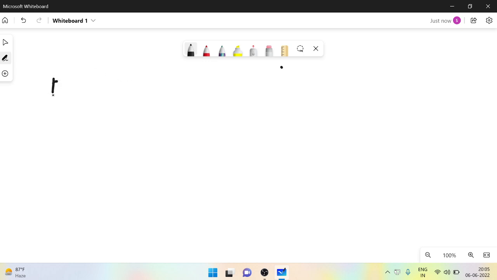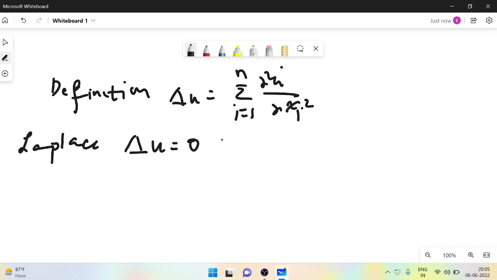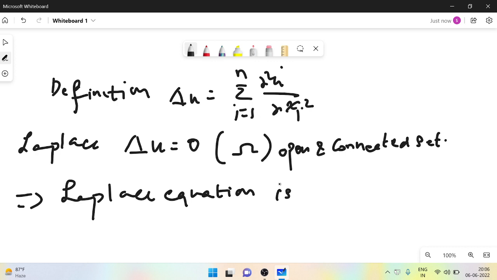Definition of the Laplacian operator: delta u is equal to the sum from i equals 1 to n of the second partial derivative of u with respect to x_i squared. And delta u equals 0 is the Laplace equation on some open and connected set omega. So the Laplace equation is a linear elliptic PDE.